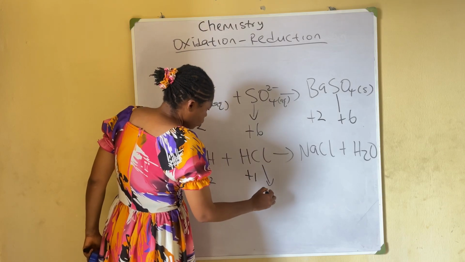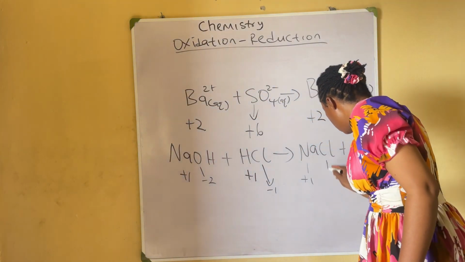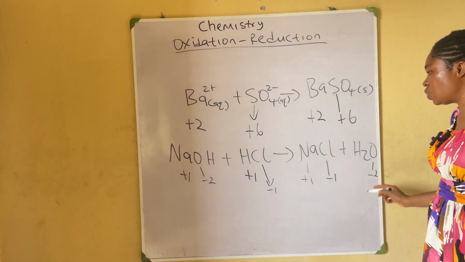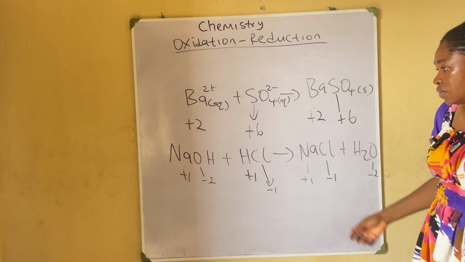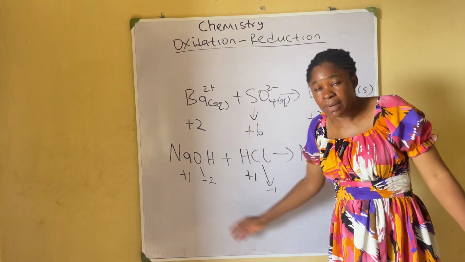What is the oxidation number of chlorine here? -1. Also, the oxidation number of sodium here is +1. Chlorine is also -1. Even oxygen here is also -2. So you cannot call this a redox equation, because the oxidation number of these elements did not change. They stay the same.